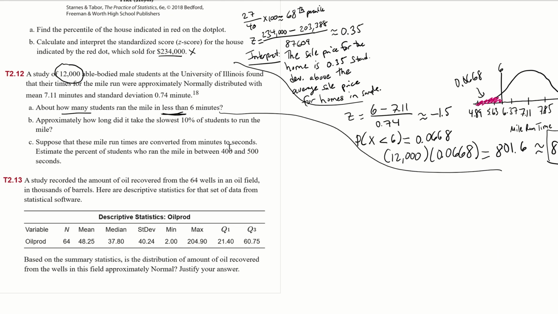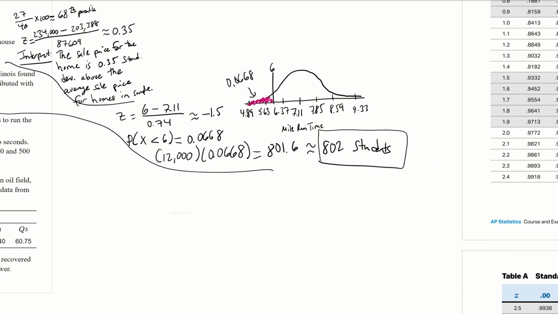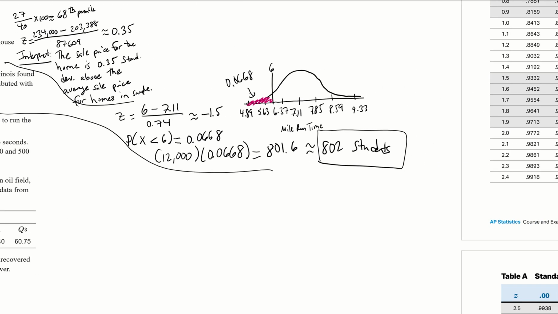Part B. So when you use the calculator, you have to provide your work for that, right? So if you're just using the calculator, you have to say normal CDF, then your -1,000 for your lower, your 6 for your upper, 7.11, and then your standard deviation of 0.74, okay?